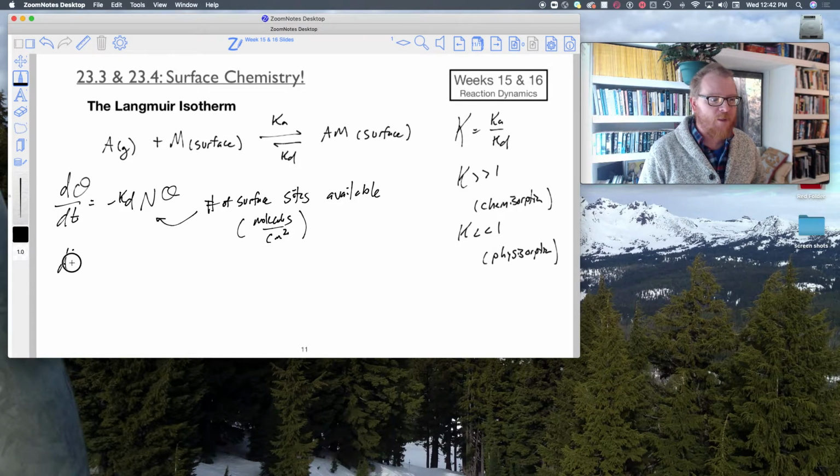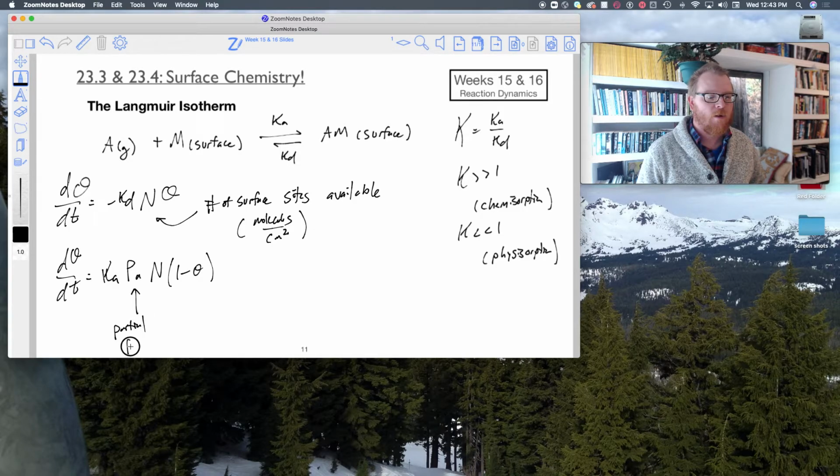Whereas d theta dt can be given in terms of adsorption as Ka times Pa times N times (1 minus theta). I'm not going to hold you responsible for deriving these. Pa is the partial pressure of A, the adatom molecule.